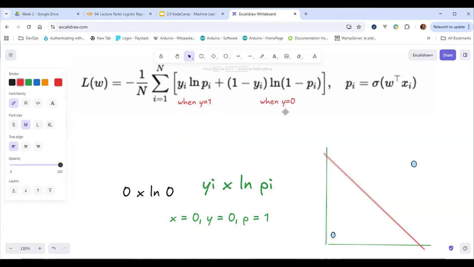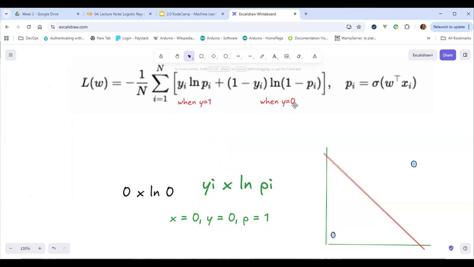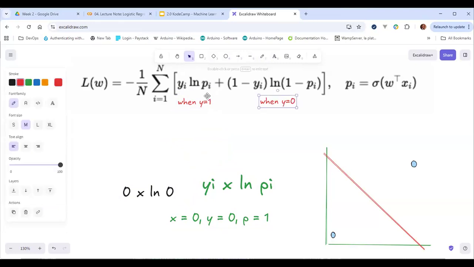So now, since we have simplified it that way, when y is 1, it's saying use ln pi. Let me put this in brackets, because even though Excalidraw has a mathematical feature, it's not activated here.